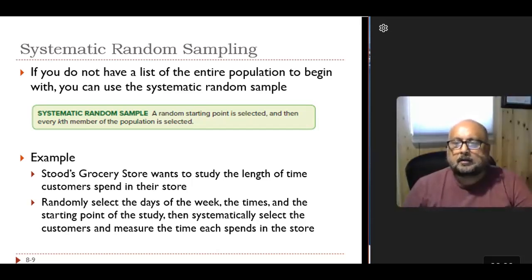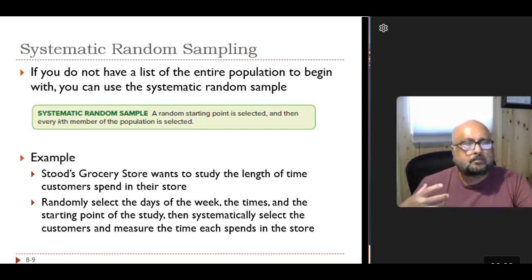Let's say you select 100 customers over 4 days, right? 25 customers in one day you can sample. So you can have different times in a day allocated for sampling. Maybe let's say 8 a.m., 11 a.m., 4 p.m., and 7 p.m., for example.